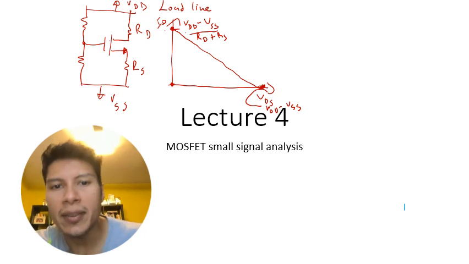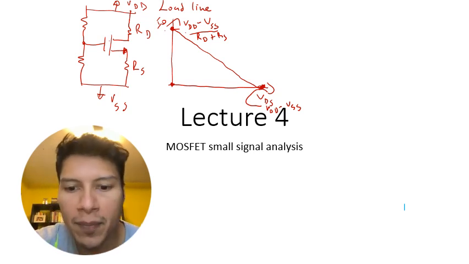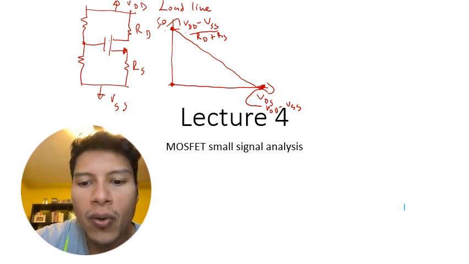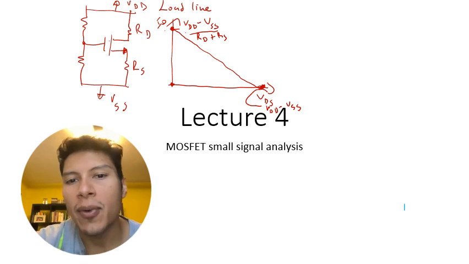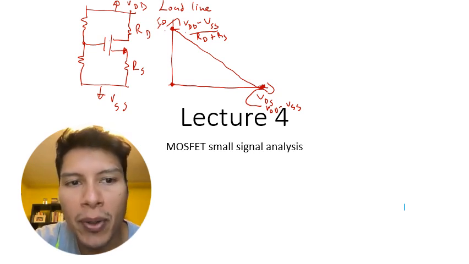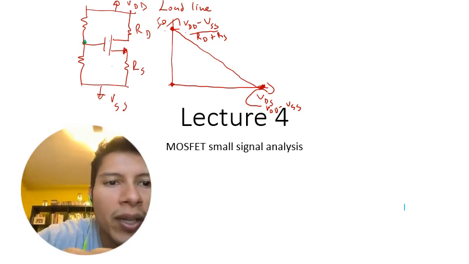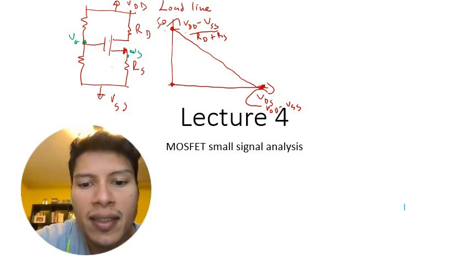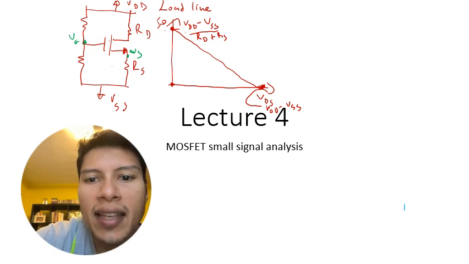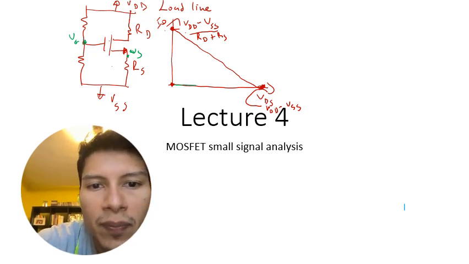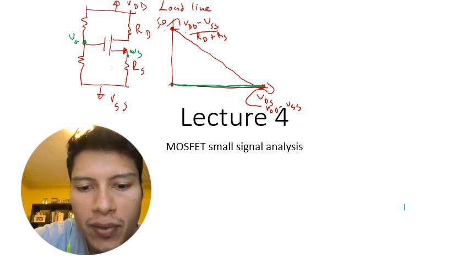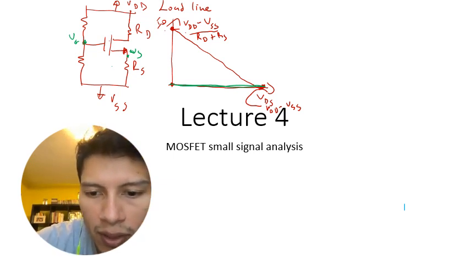Additionally, we said that in order to know where along the line our circuit would be operating, we would have to know what VGS is, which is VG minus VS. And if VGS was less than V threshold, ID is 0. So let's just kind of draw a graph.